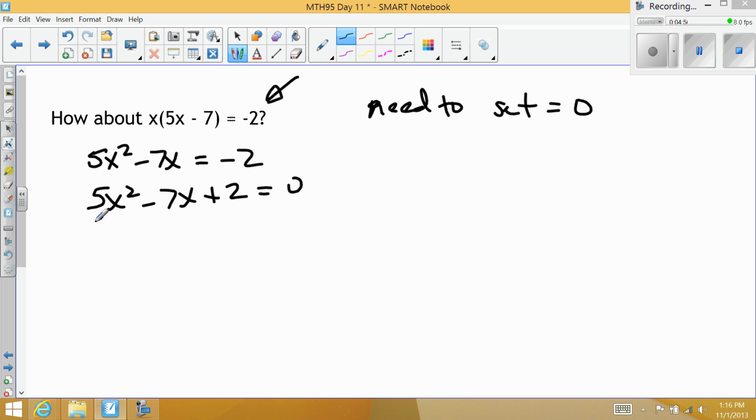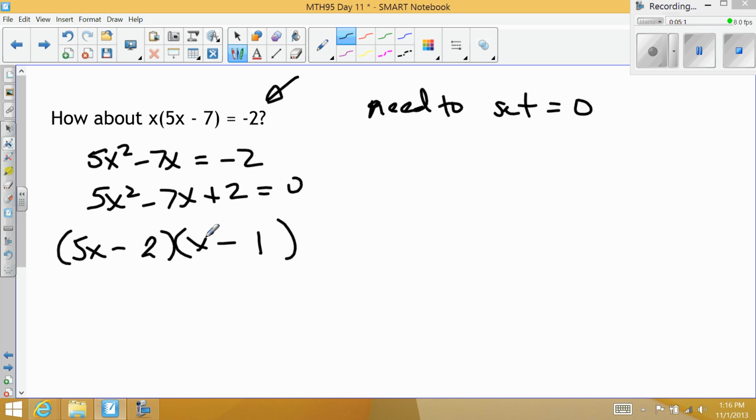Let's see. Let me try this one with guess and check. Let's see how I do. 5x squared's got to be 5x and x. And 2 is either going to be 1 and 2 or 2 and 1. I'm thinking 2 and 1 and a couple of subtractions will work.